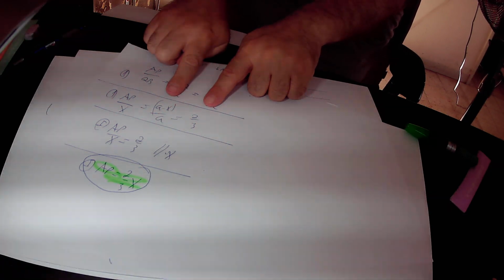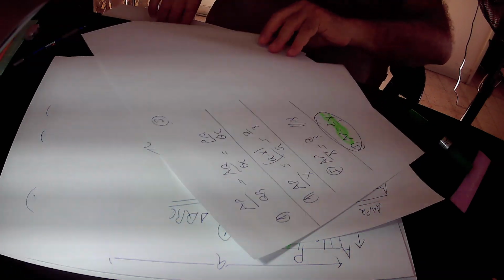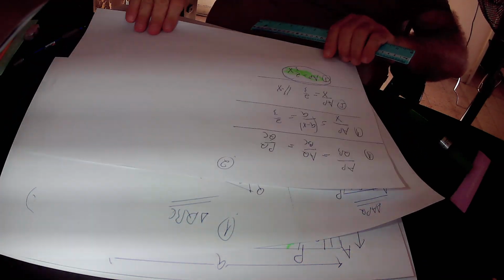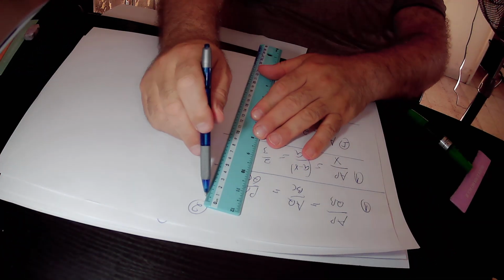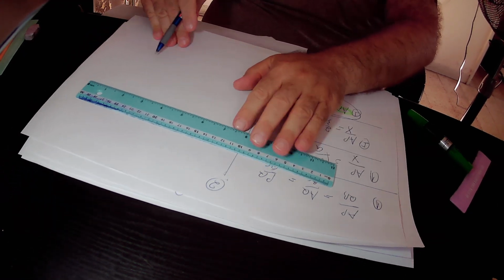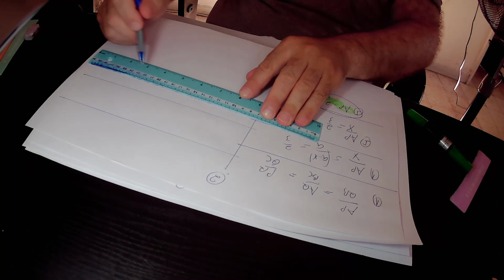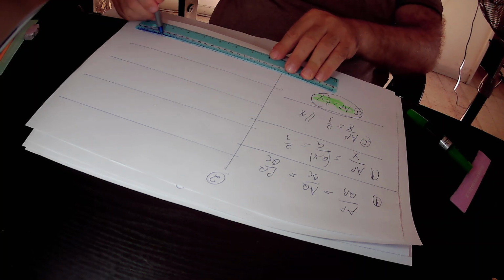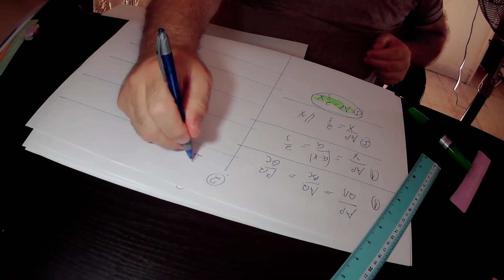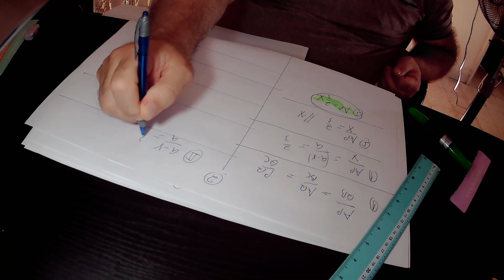That is to say, according to equation 2, a minus x over a equals 2/3. So I'll write it down.